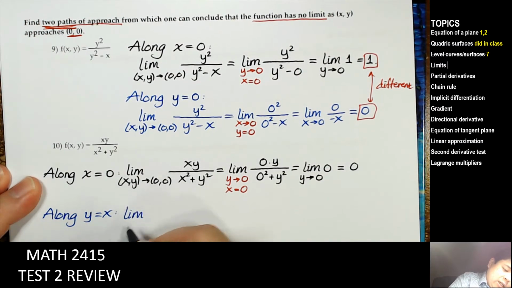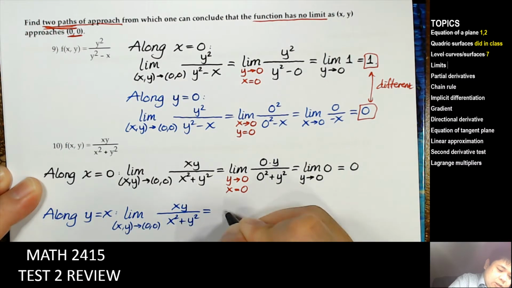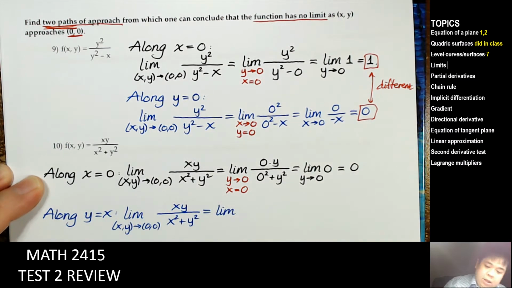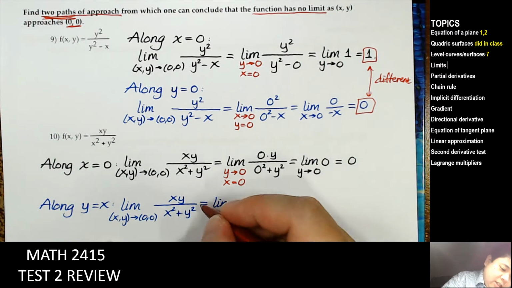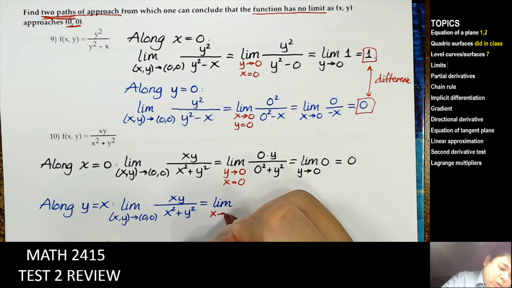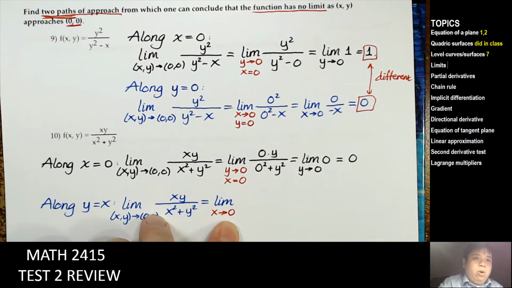In which case, the limit, now since y equals x, we write everything in terms of x. We only need x goes to 0, because y equals x, so y will go to 0 as well. So we only need one of them.